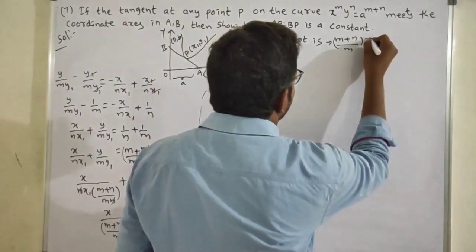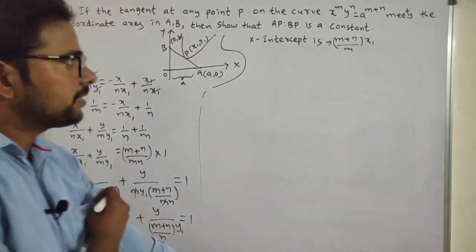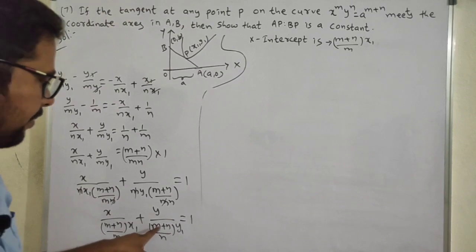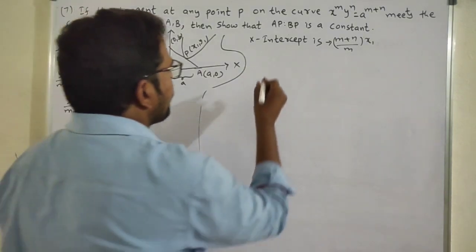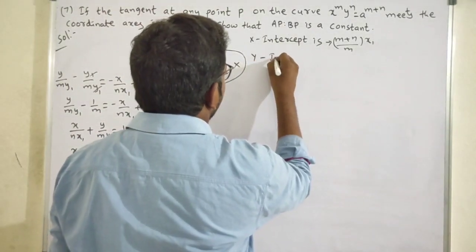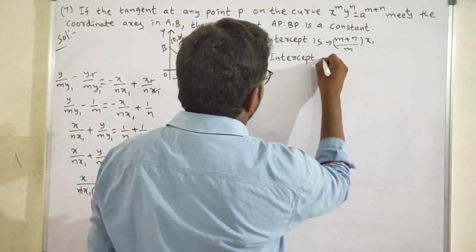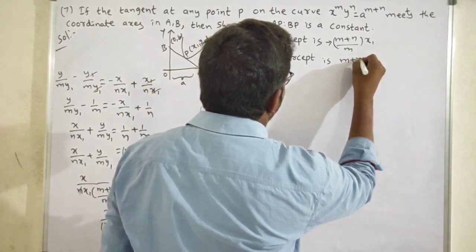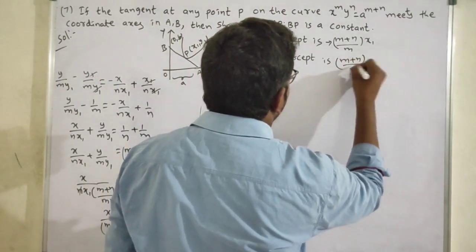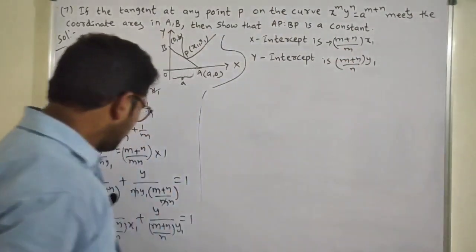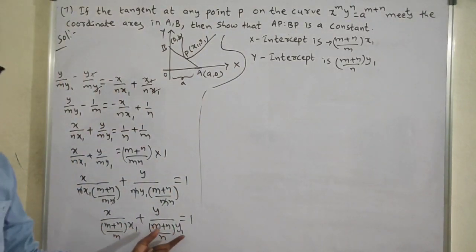This is the x-intercept. Next, what is the y-intercept? It is (m plus n) by n into y1. This is the y-intercept. This is the x-intercept and this is the y-intercept.